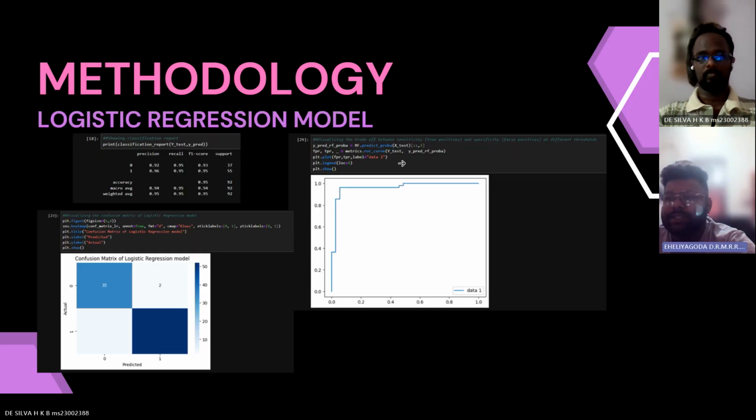Next, the logistic regression model. The first graph shows the classification report, and below we can see the confusion matrix and also the trade-off visualization between the true positive and false positive.